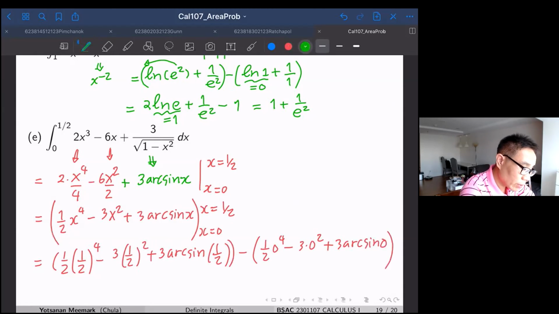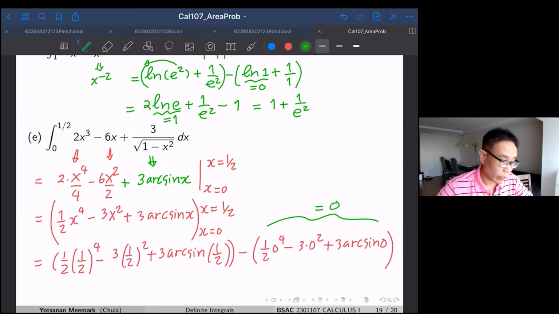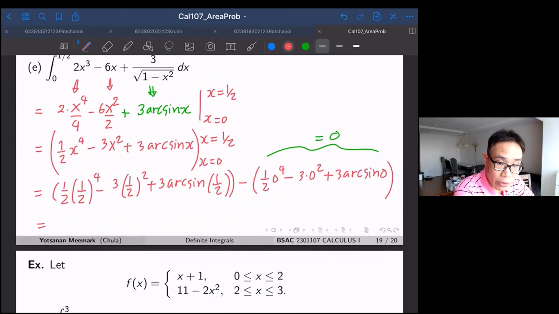So every term here turned out to be equal to 0. So the thing that you may have to concentrate on will be just the first 3 terms. So this guy will be 1/2 to the fourth, so it's going to be 1 over 32.